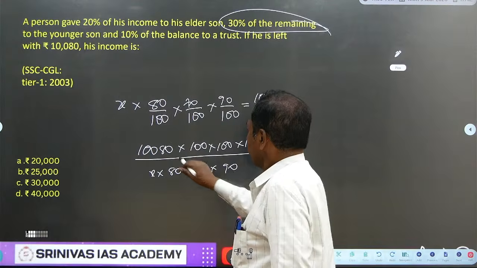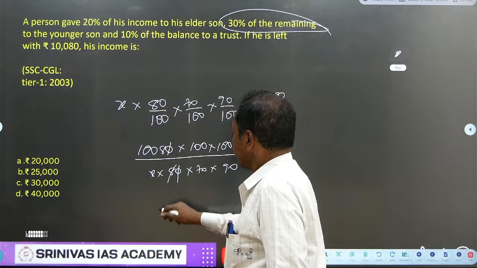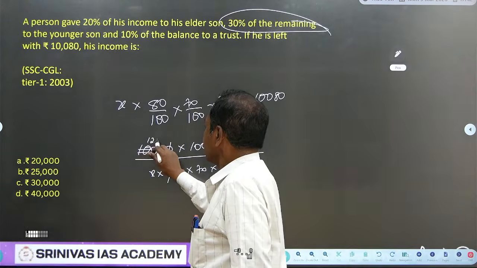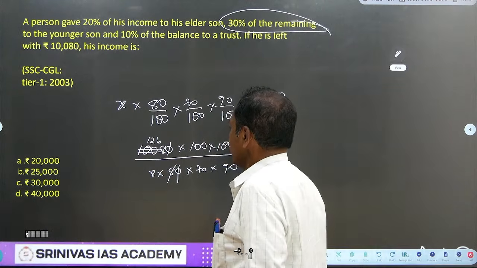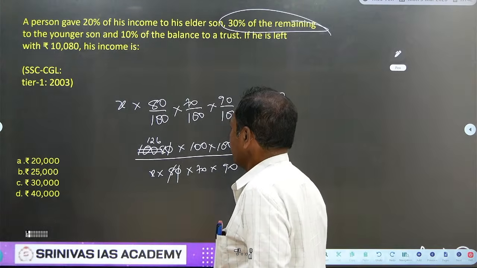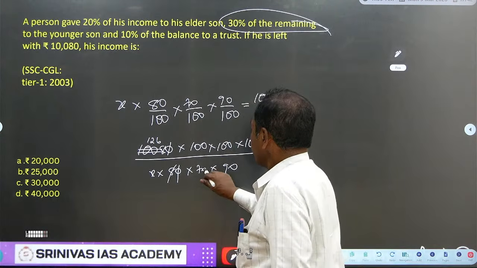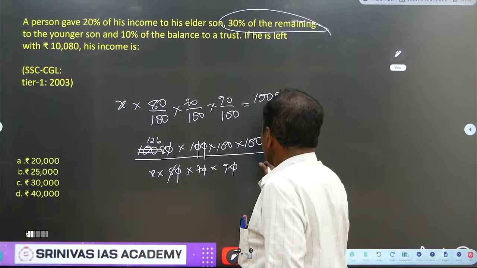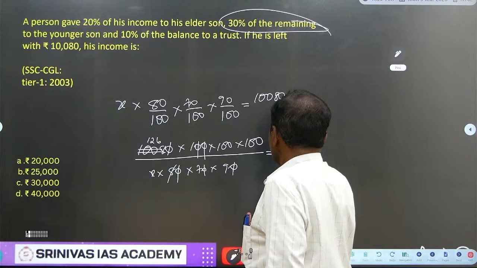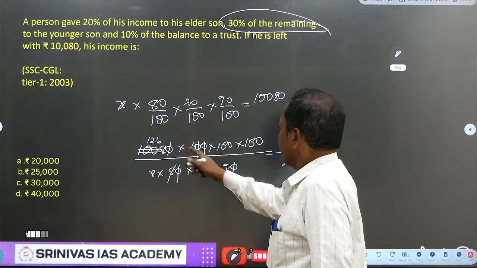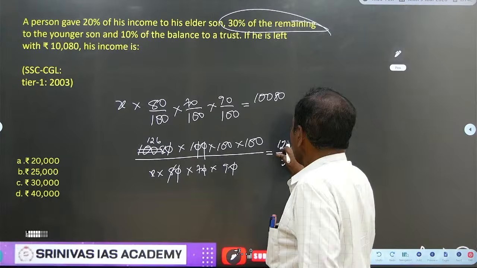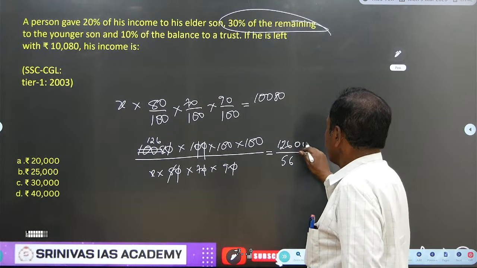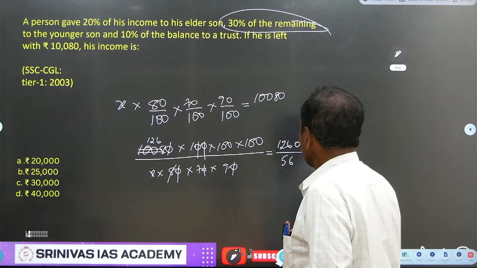See, this 0 cancels. 126. Right, that is okay. Now we can see this 0 gets cancelled, this 0 is cancelled. We can keep it like that. 56. 126. How many zeros are there? 4 zeros. 2, 3, 4.